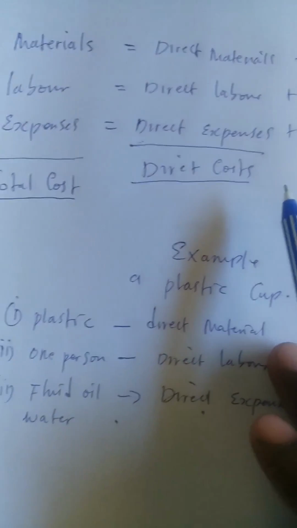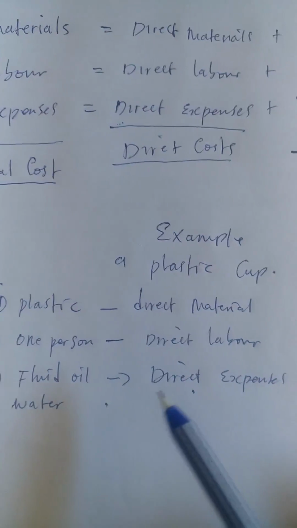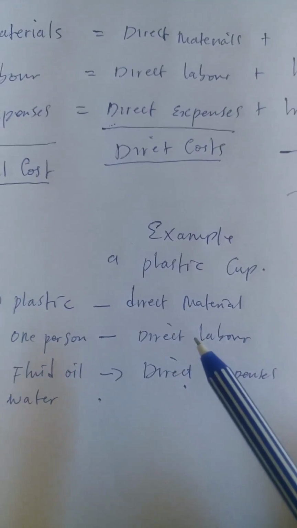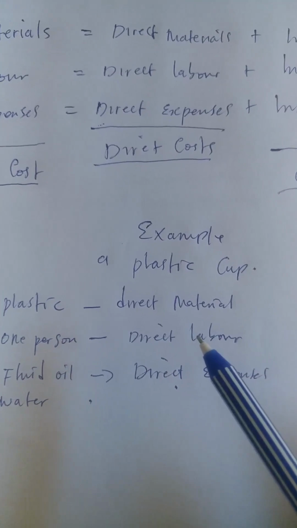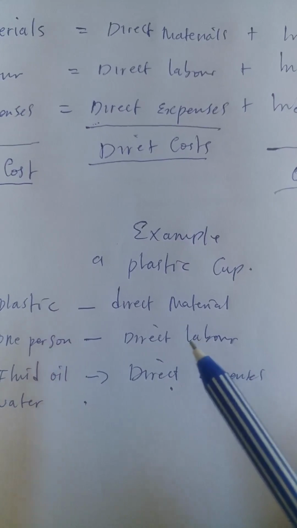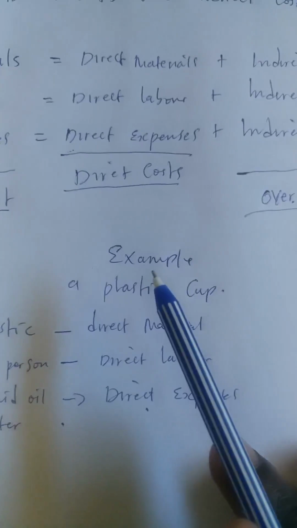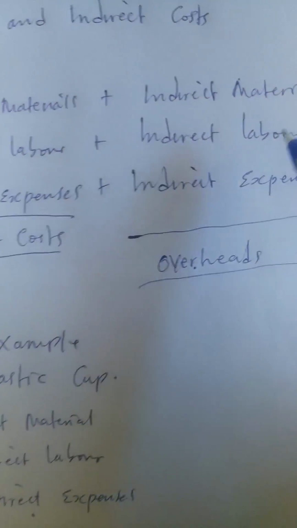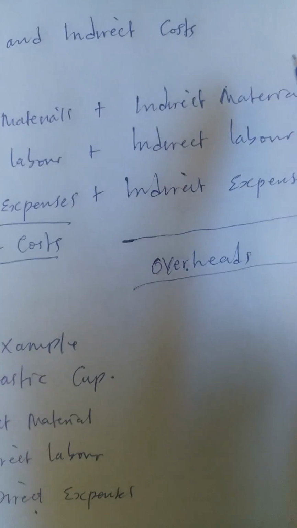Direct labor, I've explained, is a person directly involved in the manufacturing of that product.